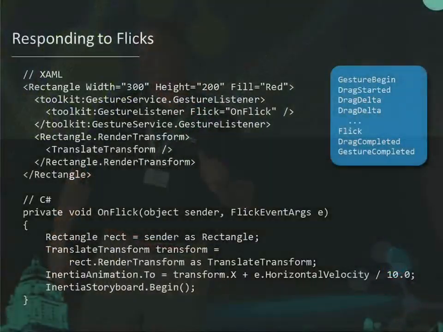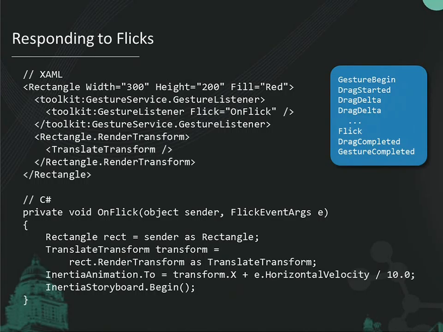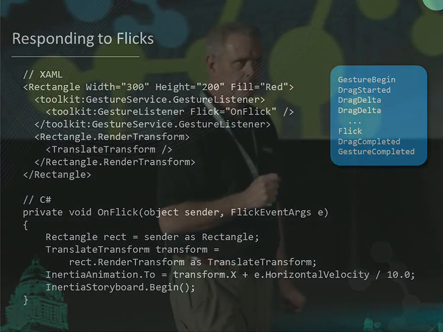You'll first see a series of drag delta events fire. Those fire while the finger is still in contact with the screen. But here's the magical thing that happens. If, when the finger breaks contact with the screen, it's still moving, Gesture Listener will then fire a flick event, and it will give you data that you can use to simulate inertia.